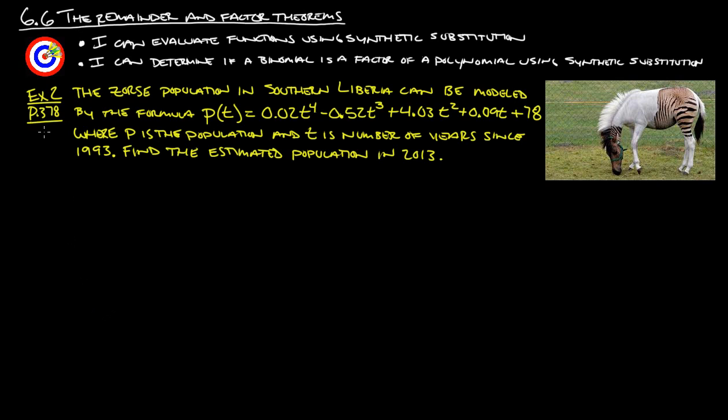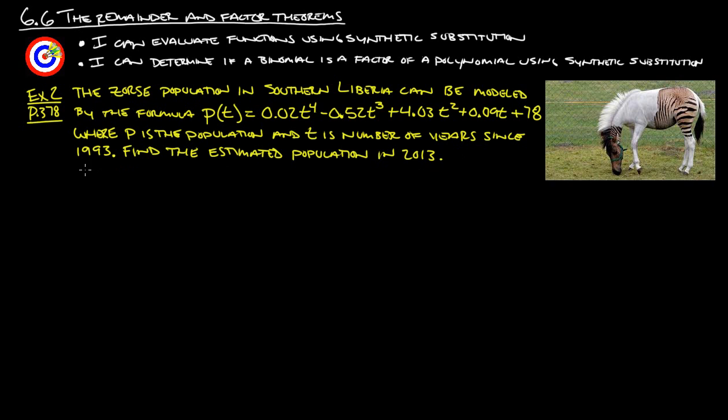So we're going to take a look at example 2, or a little hybrid of example 2. The Zores population in southern Liberia can be modeled by the formula P of t equals all this lovely polynomial here, where P is the population and t is the number of years since 1993. Find the estimated population in 2013.